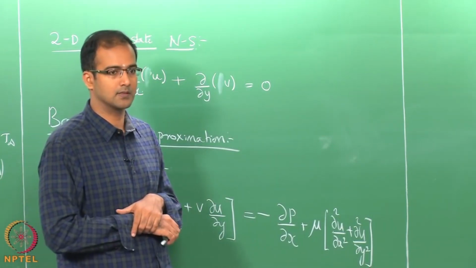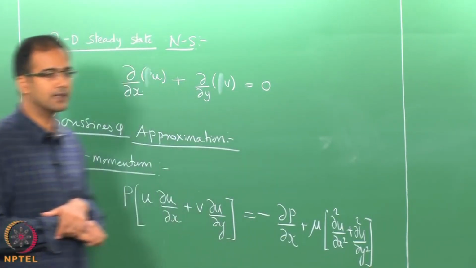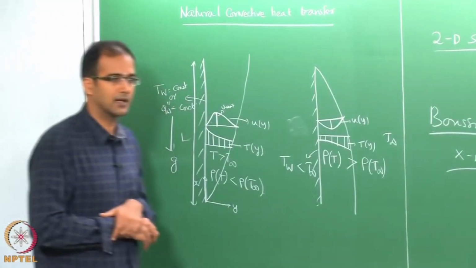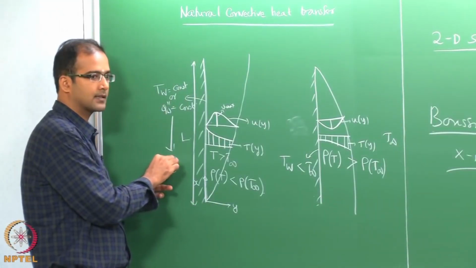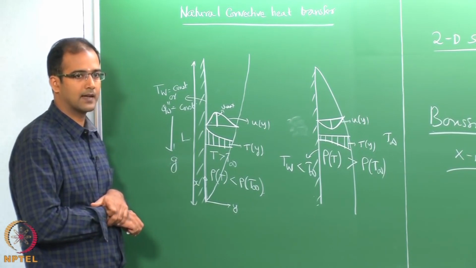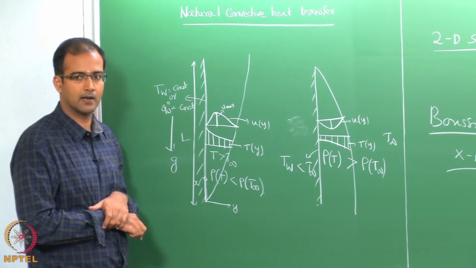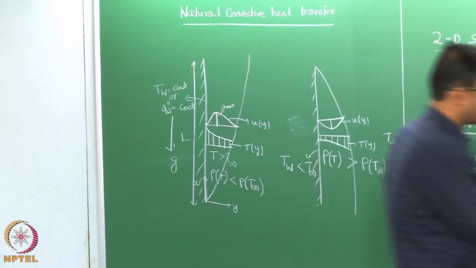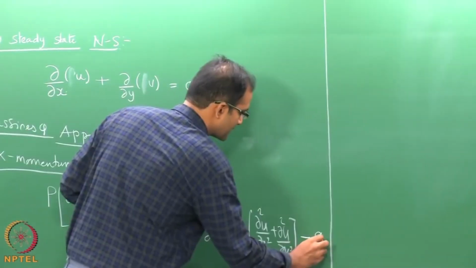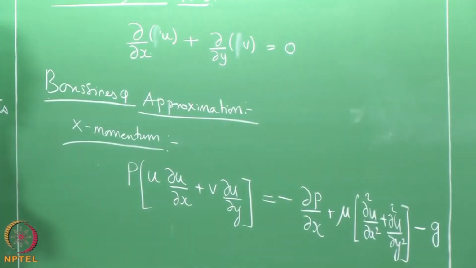You have the body force. Here definitely the gravitational acceleration cannot be neglected. So, the body force is nothing but the gravitational acceleration g, which is acting downwards. So, therefore, we put a minus g, right. So, we have rho g, correct.